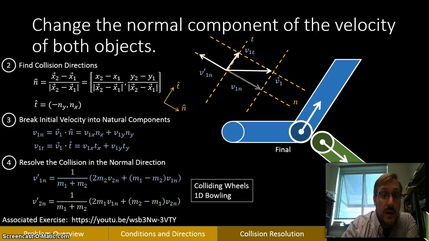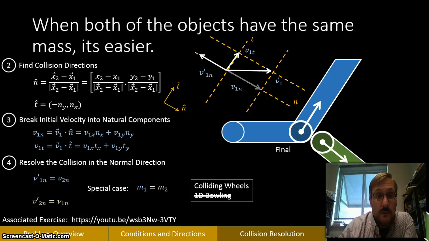So instead, for v1, v prime 1n is going to be 2m2v2n divided by m1 plus m2, but m1 and m2 are equal, so that denominator is 2m, the numerator is 2m, so that just means that you have a swap of the velocities. So if the masses are equal, you have a swap of the velocities, just like in high school physics, right? Nothing new, nothing amazing. Very simple to program.